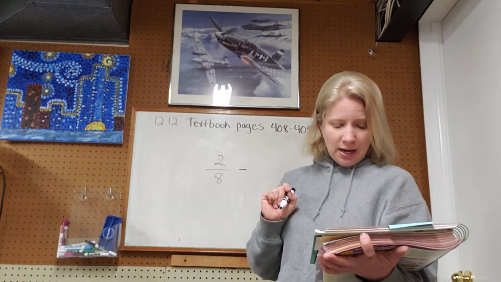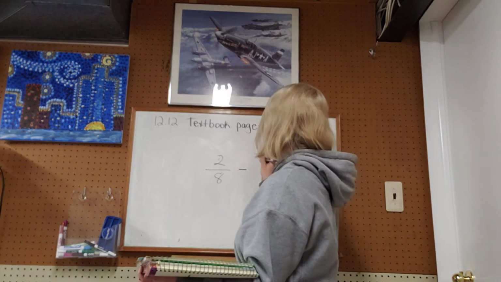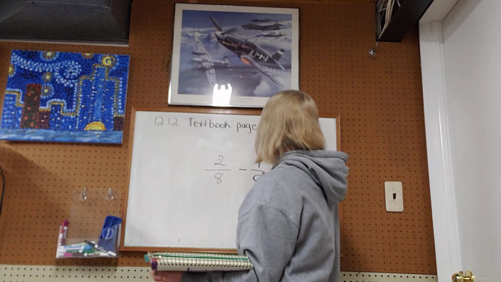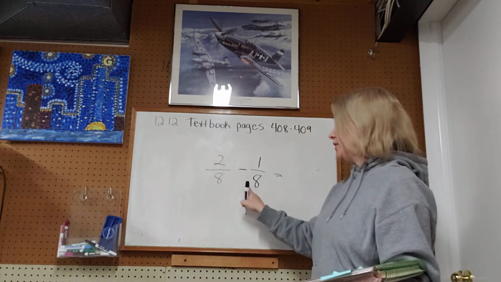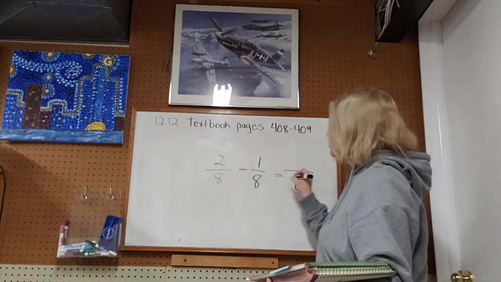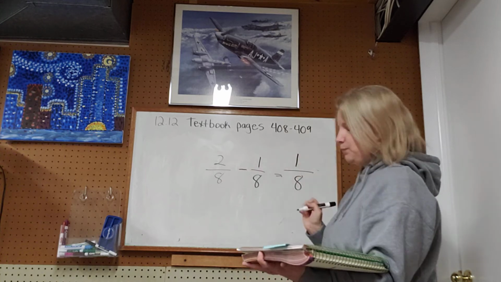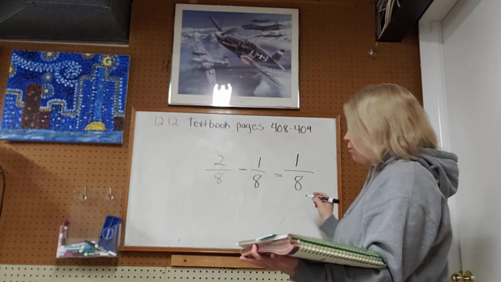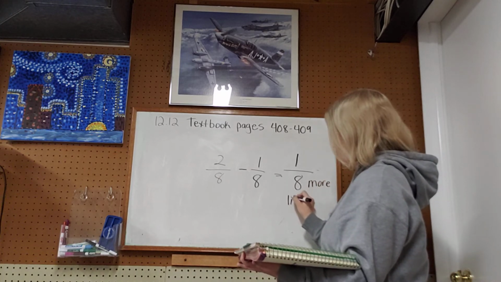Rye is shaded in the yellowish color and it's 1/8. So 2/8 minus 1/8. Remember, when we add or subtract with like denominators, we keep it the same. We carry it over and subtract the numerators. 2 minus 1 is 1. So 1/8 more like white bread.